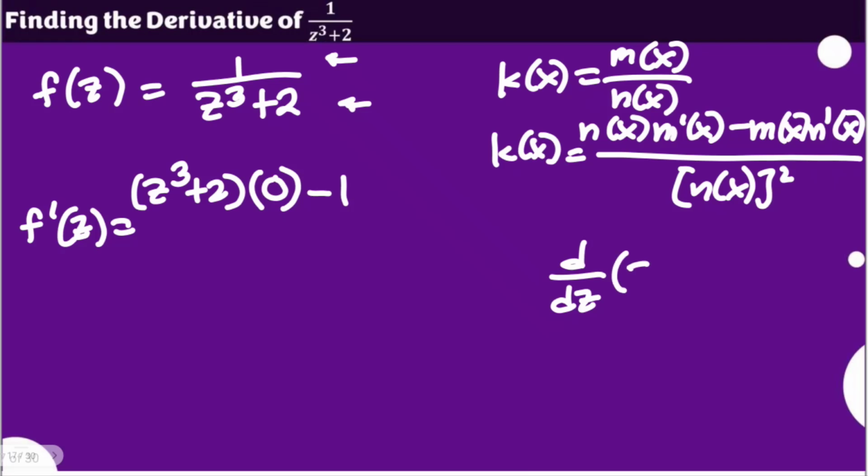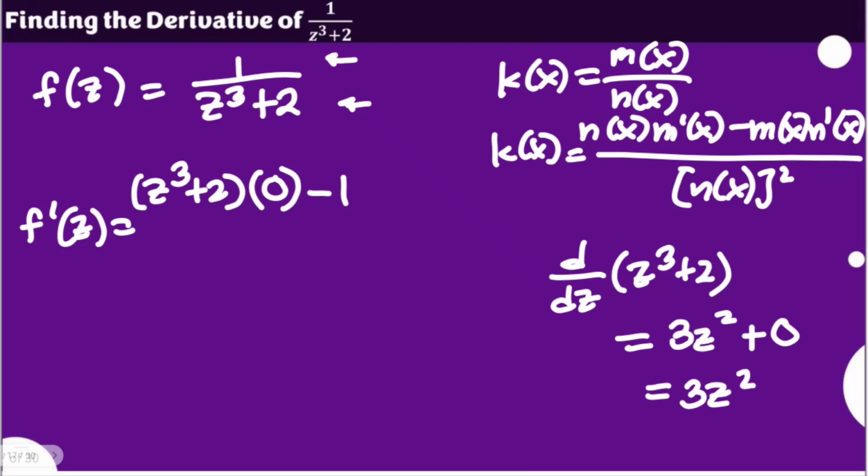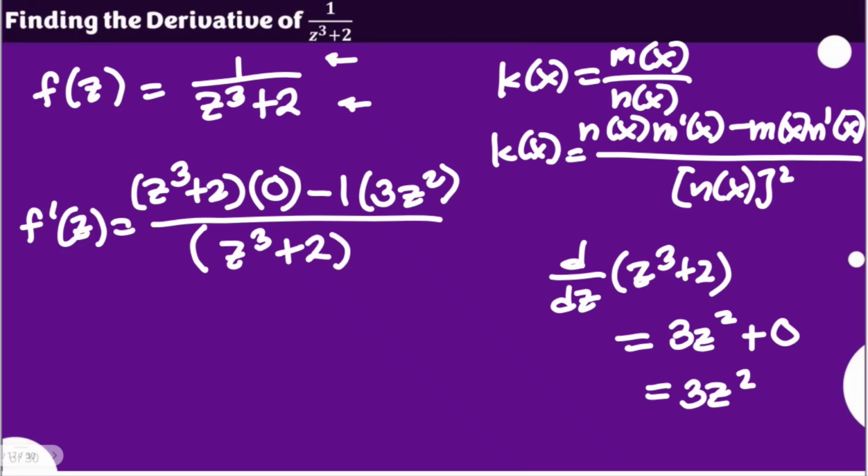The derivative of z cubed plus 2 is equivalent to the derivative of z cubed plus the derivative of 2. The derivative of z cubed is 3z squared. The derivative of 2 is 0. So basically, it's just 3z squared. So this is 1 times 3z squared, all over your denominator, which is (z cubed plus 2) squared.